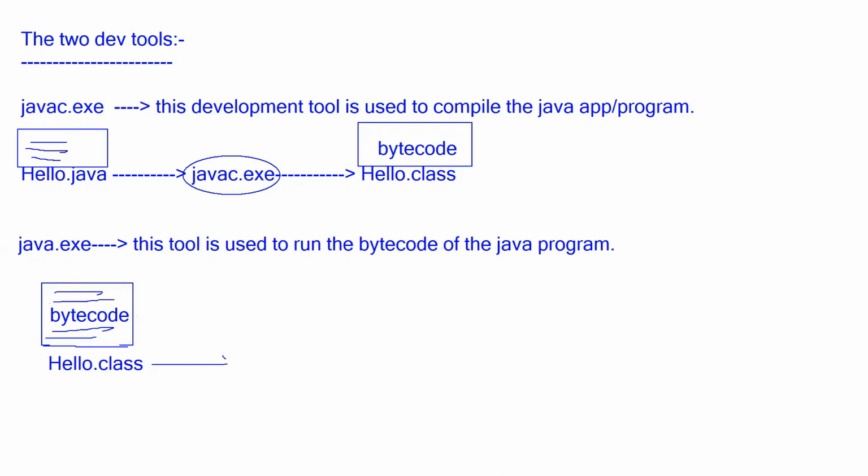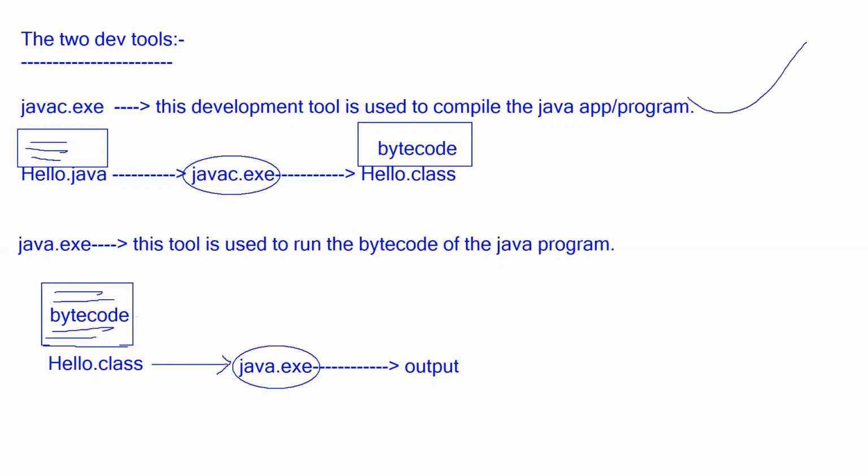This .class file is given to the java.exe file, and then that will produce the output. That means the bytecode is run by the Java tool, java.exe, which will produce the output or result.